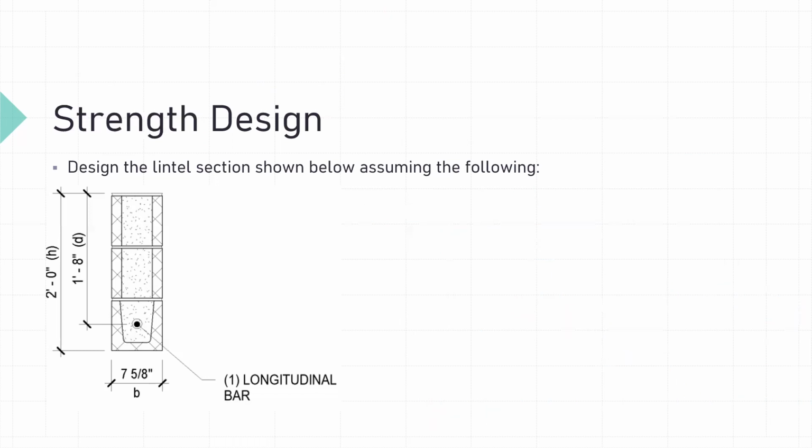So M sub U needs to be greater than or equal to 1.17 times our cracking moment. Our cracking moment we had solved earlier, but we can do it again just for example's sake.